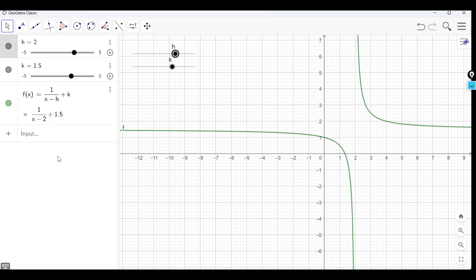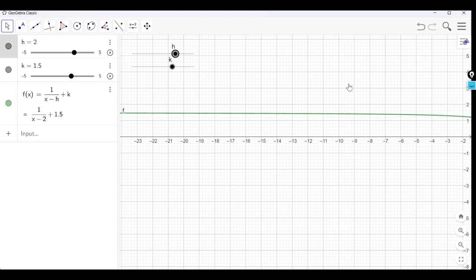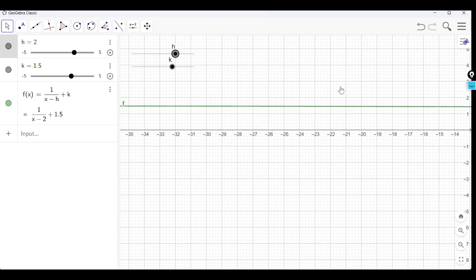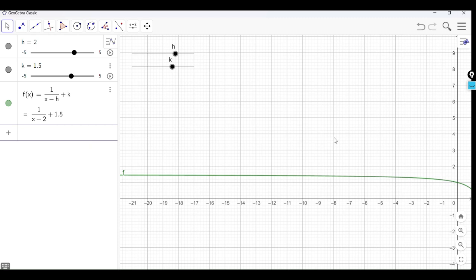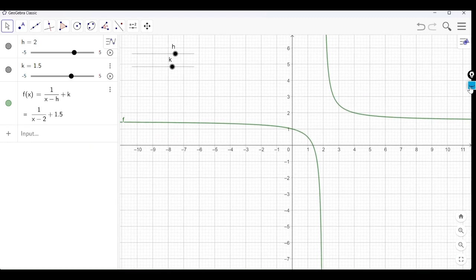The number that goes beside the x in the denominator, that's your horizontal shift. This number here all by itself is the vertical shift. The vertical shift is pretty simple. It goes up and down depending on what this number is. The horizontal shift is also simple.